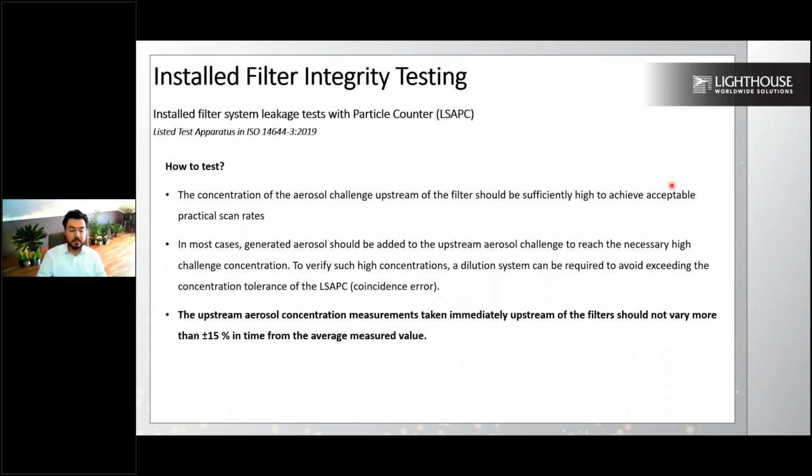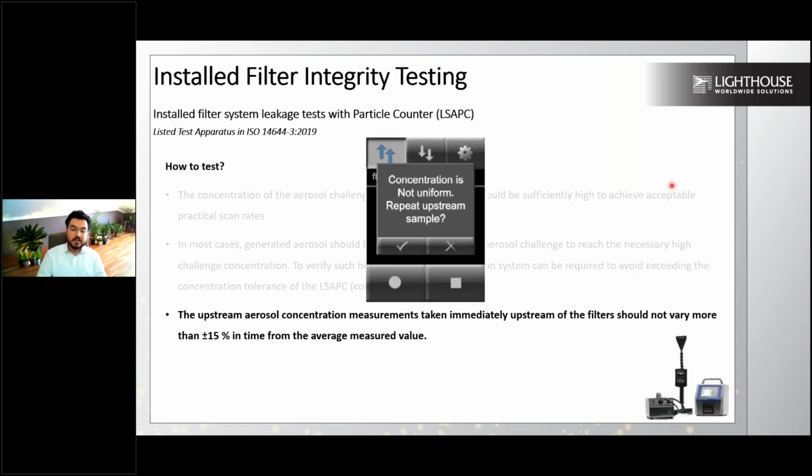This is the same problem for photometers, and we have the same challenge for the particle counter method. That's why ScanAir Pro is now checking all the concentration in your upstream, and if it's not uniform, then it asks you to repeat the upstream sample. So this avoids any error before you start testing your filter.